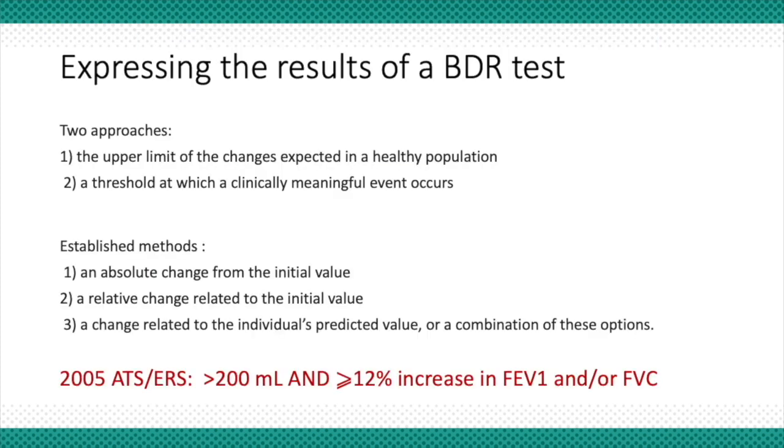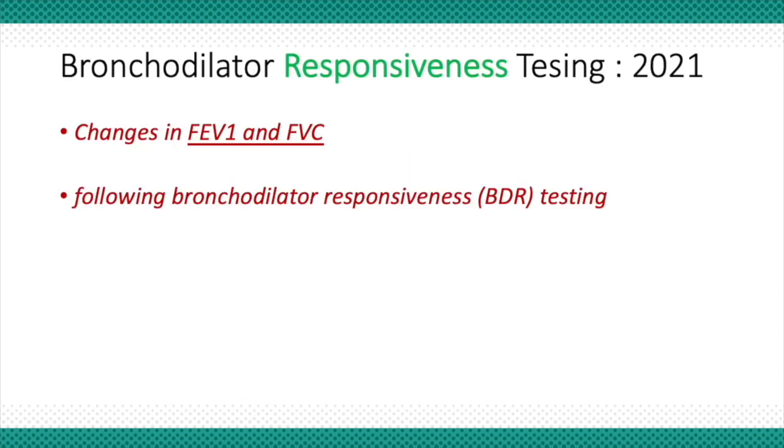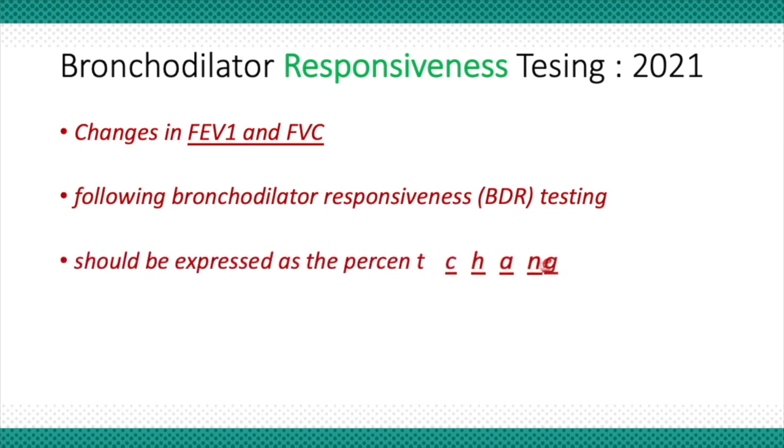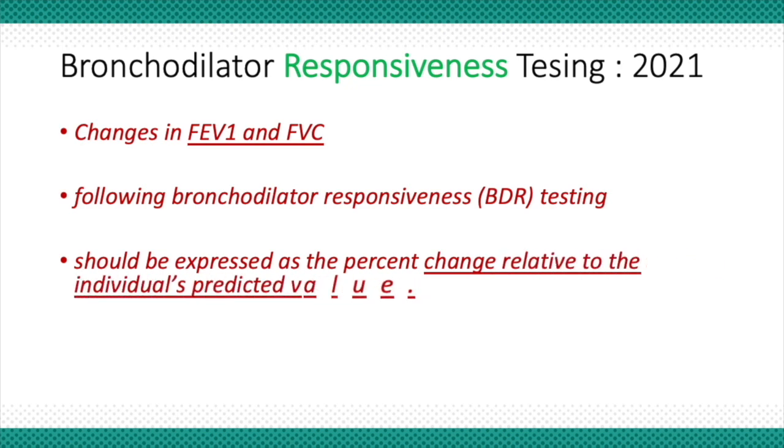Coming quickly to what the bronchodilator response is then, the ATS-ERS 2005 statement spoke of 200 ml and 12%, but this has changed. We have to look at the changes in FEV1 and FVC, and we should express bronchodilator responsiveness relative to the patient's predicted normal.